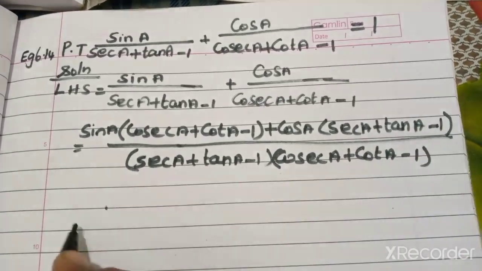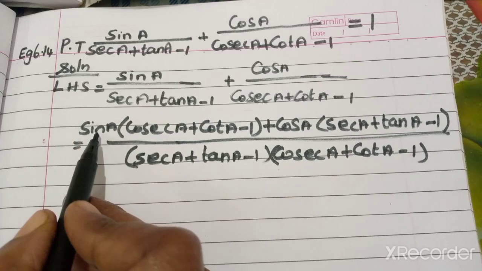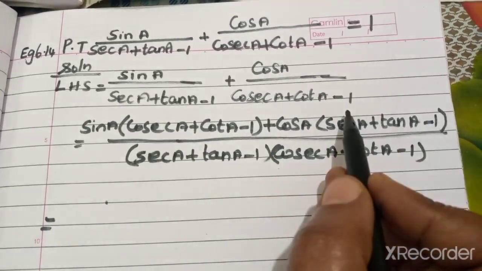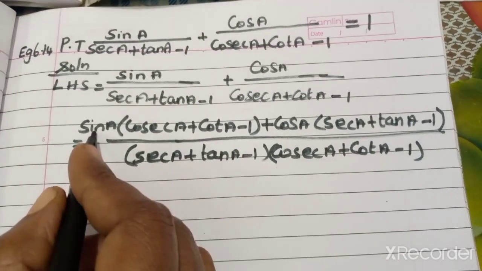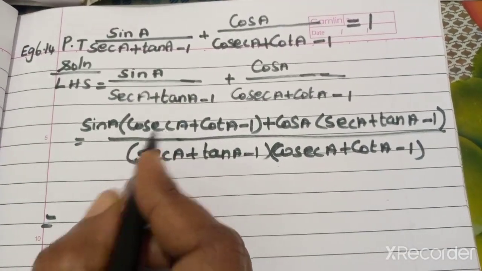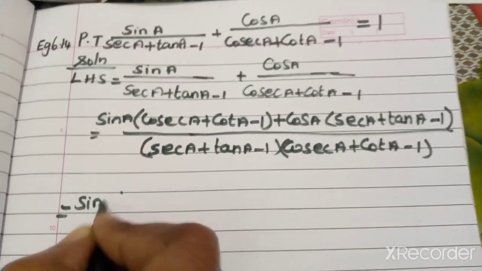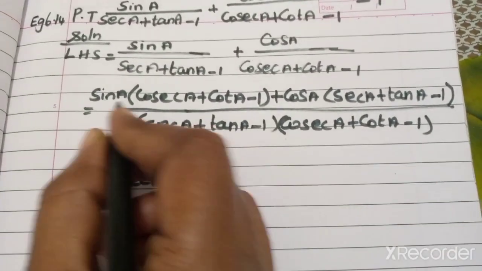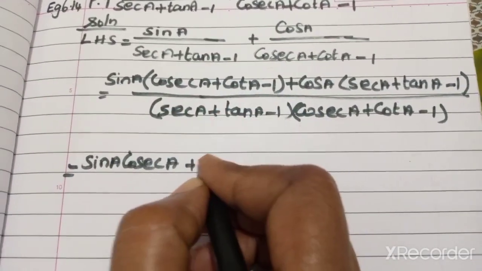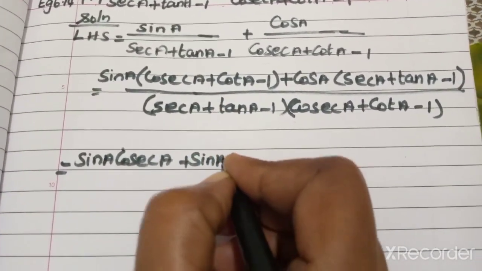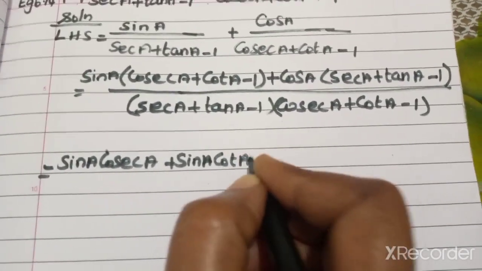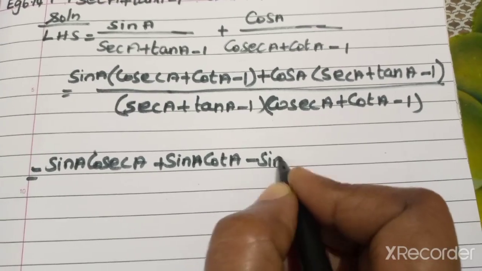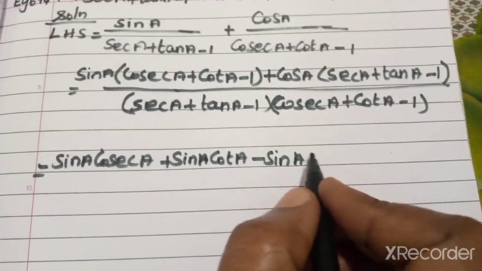Close the bracket, which is equal to, now this sin A into these 3 terms plus cos A into these 3 terms. Okay, listen carefully. So sin A into cosecant A first term, sin A into cosecant A plus sin A into cot A, minus is there, minus 1 into sin A is sin A. Close the bracket.